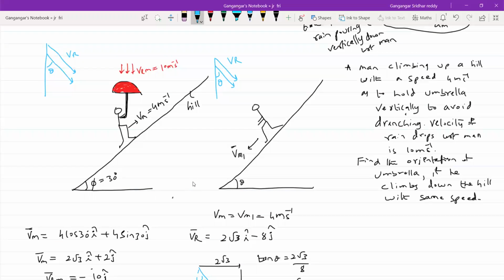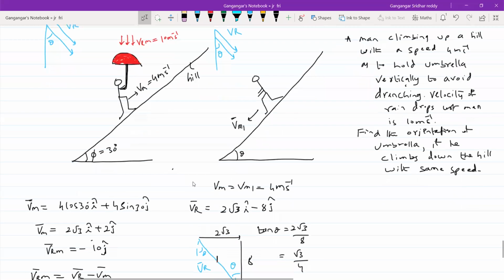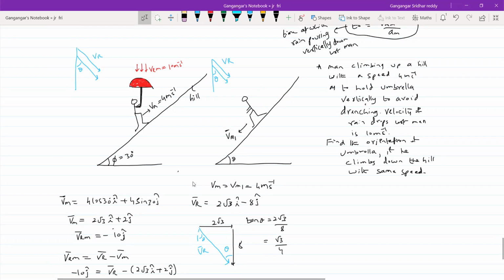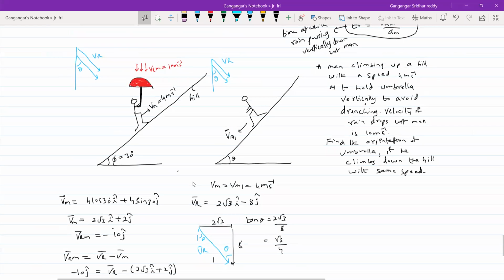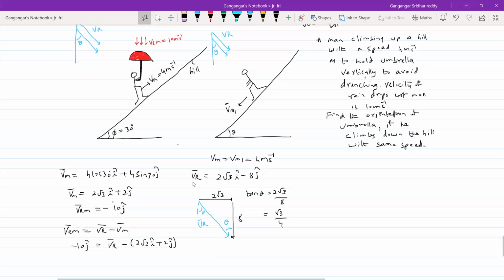Now get into the second part of the problem. VM1 bar define, VR bar you already know. Then get VRM1 bar. Sir, can you zoom out the screen? On phones we are not able to see the down part. I'll zoom out. I think everything is visible.